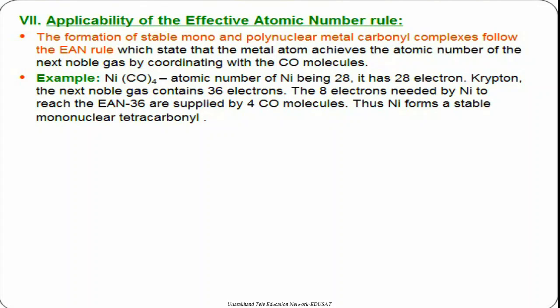The atomic number of nickel is 28, so it has 28 electrons, and krypton, the next noble gas, contains 36 electrons. The 8 electrons needed by nickel to reach the EAN of 36 are supplied by 4 carbonyl groups, each a pair of electrons, meaning 8 electrons, and thus nickel forms a stable mononuclear tetracarbonyl complex.